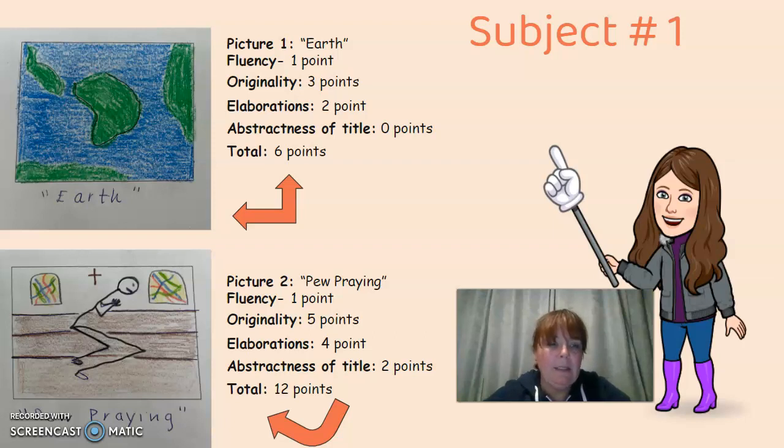I could see that the person is at church there because of the cross representation in the background, the stained glass windows, the person is kneeling with the praying hands, and so I really thought that was a good use of the stimulus inside the box and unique. So that subject got 6 points for the first picture and 12 points for the second picture.